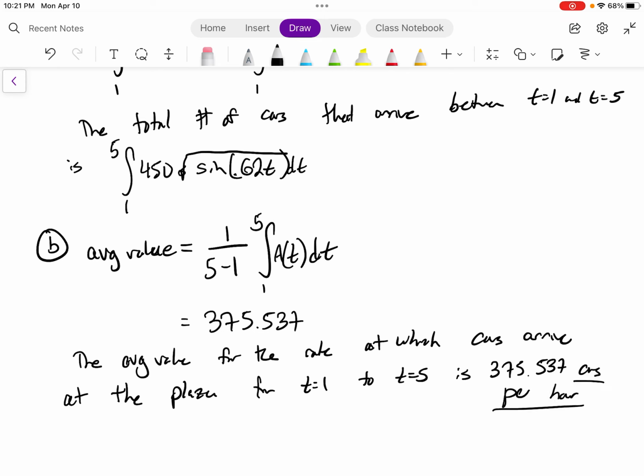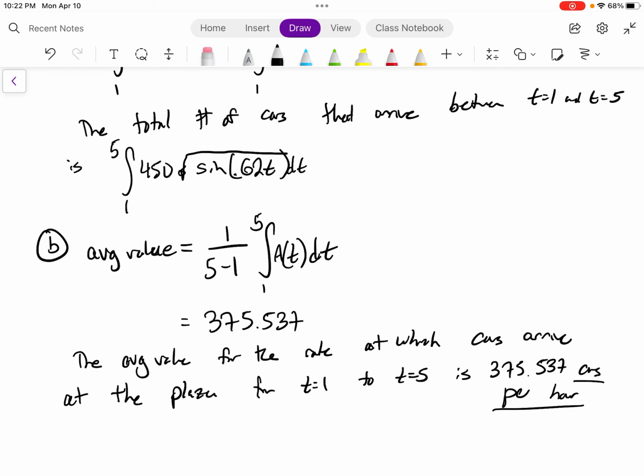Cars per hour. Let's always make sure that we have units there. And we're pretty good. If you do use degree mode, I think you can get points there.